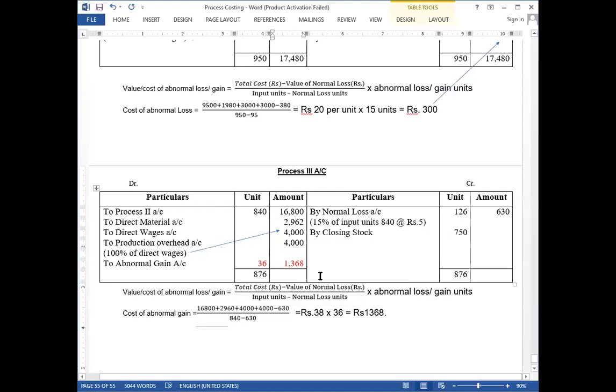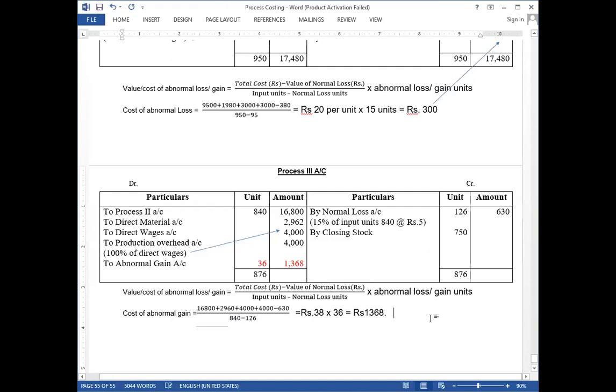Step number 5, balance it. The balancing figure will become the value of the output unit. Here not 630, 126.